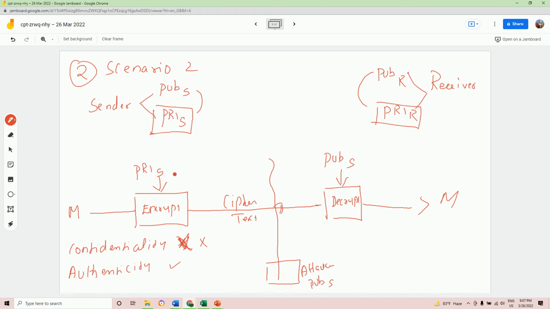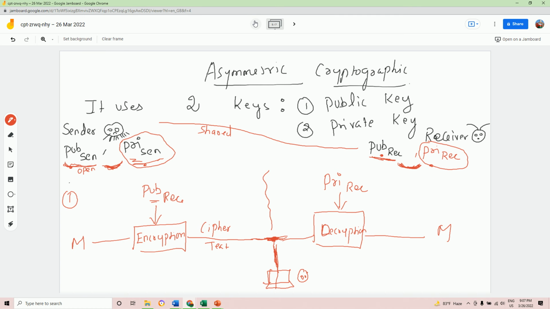So when you encrypt with the private key first, there is authenticity, but there is no confidentiality because you are decrypting using the public key, which everyone in the network can have. So in scenario 2, there is no confidentiality, but there is authenticity. Is it clear to you, students?